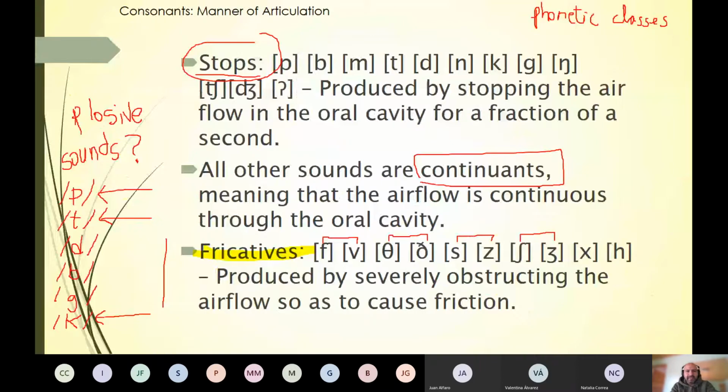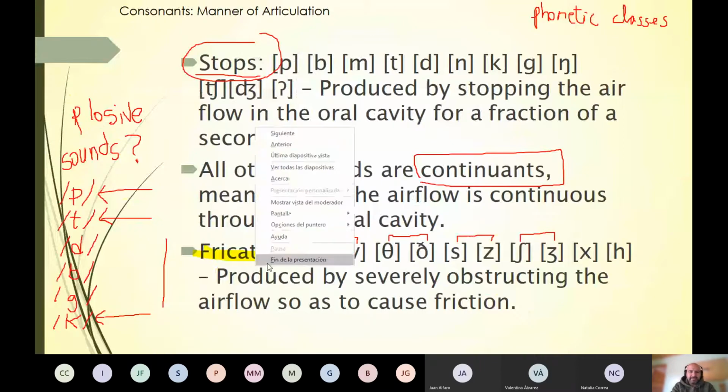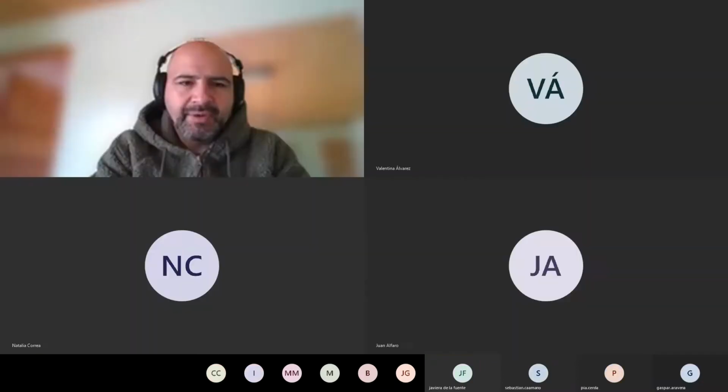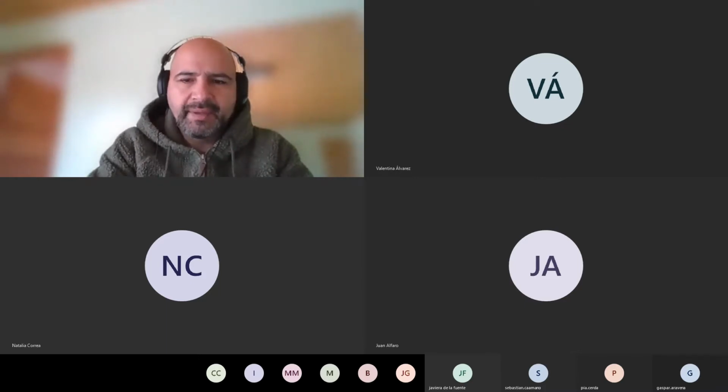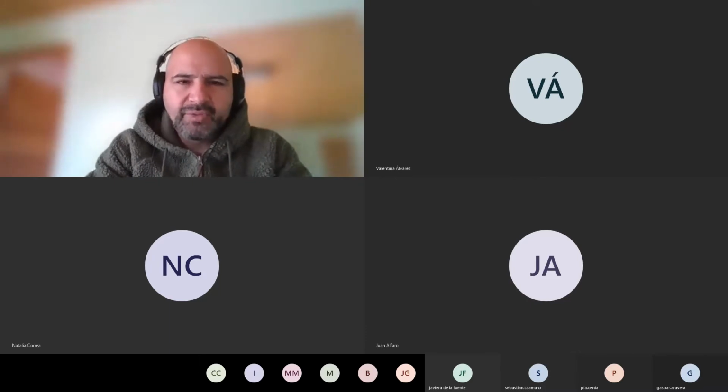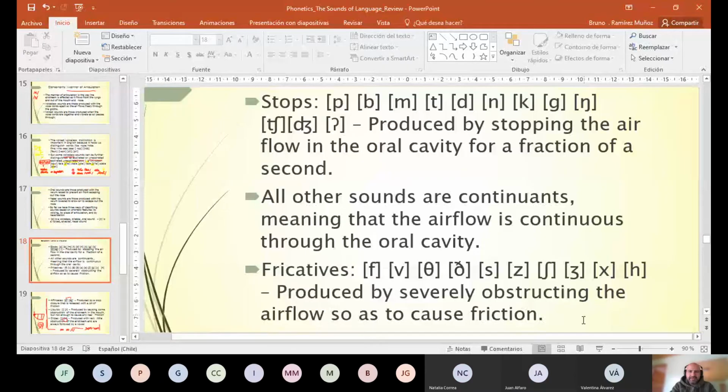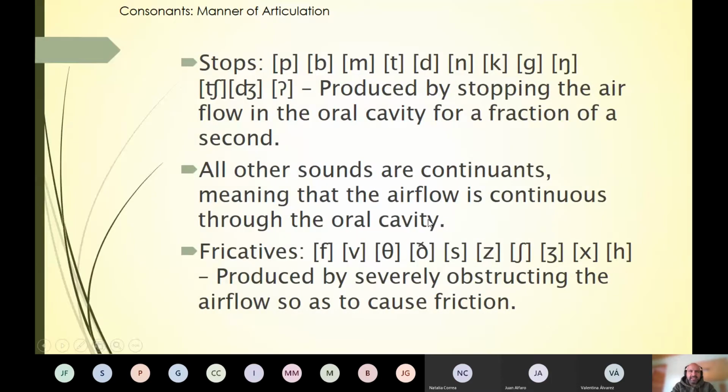Now, when we talk about manner of articulation, we talk about plosive sounds, right? Let me get rid of this note just to make some room for other comments. Okay. So when we talk about plosive sounds, which is one big classification of consonant sounds, we talk about basically 6 sounds, right?